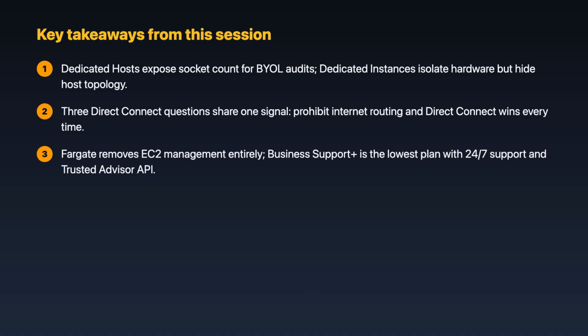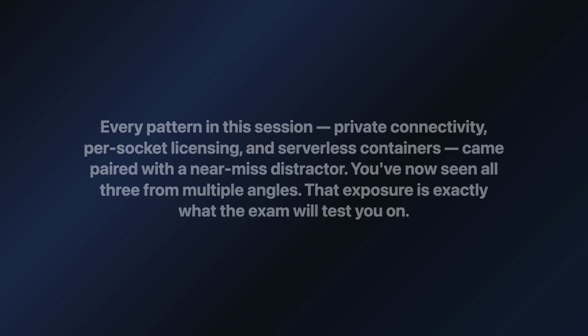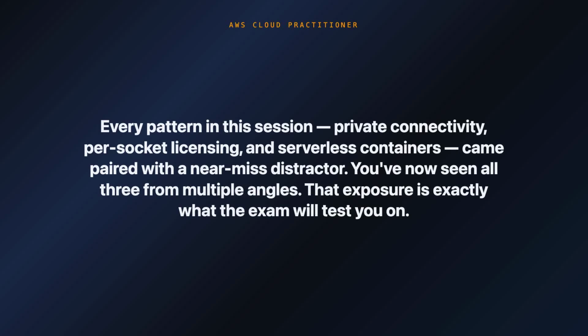Business Support Plus is the lowest plan with 24/7 support and Trusted Advisor API. Every pattern in this session, private connectivity, per-socket licensing, and serverless containers, came paired with a near-miss distractor. You've now seen all 3 from multiple angles. That exposure is exactly what the exam will test you on.